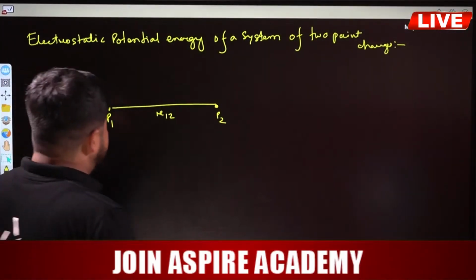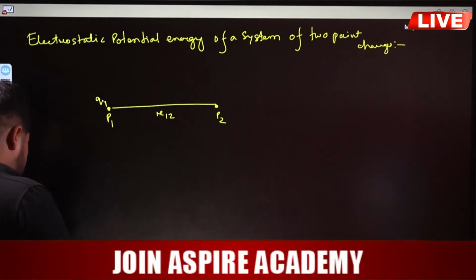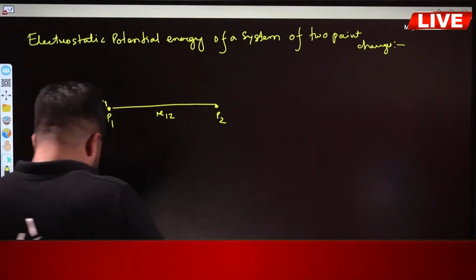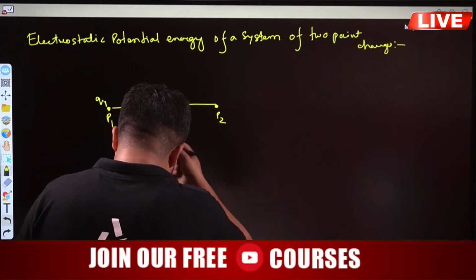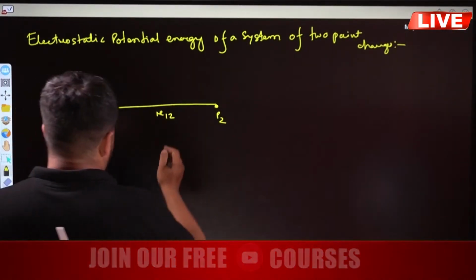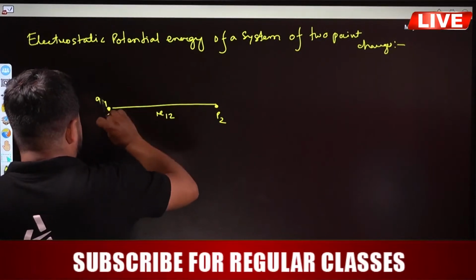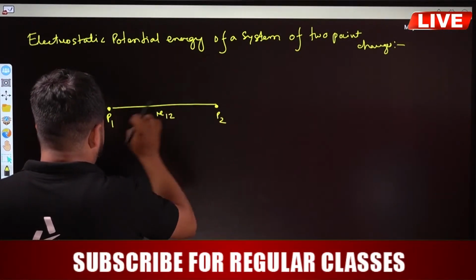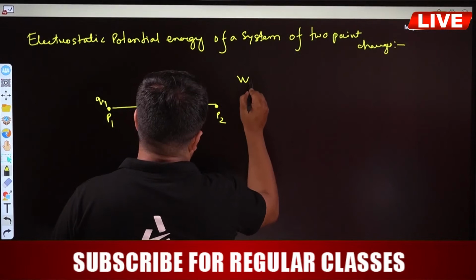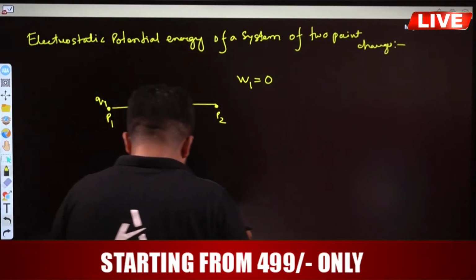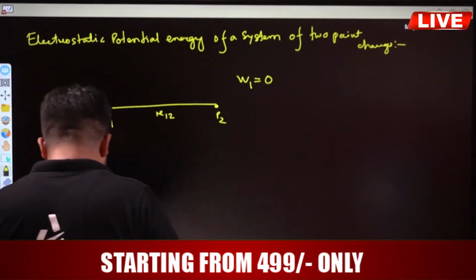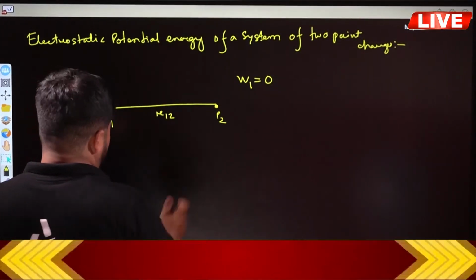Okay, so now in this case, work done will be what? If we bring the first charge Q1 to the particular point P1, work done will be what? First work done will be 0. Now, electrostatic potential energy due to Q1 at point P2.